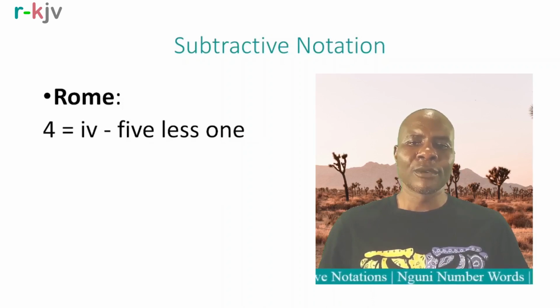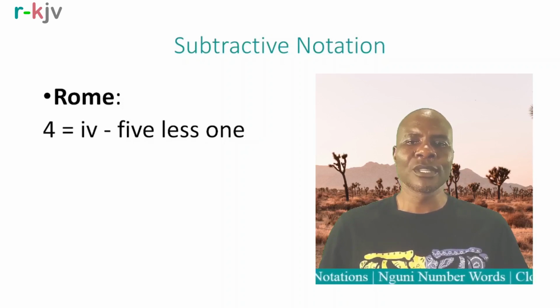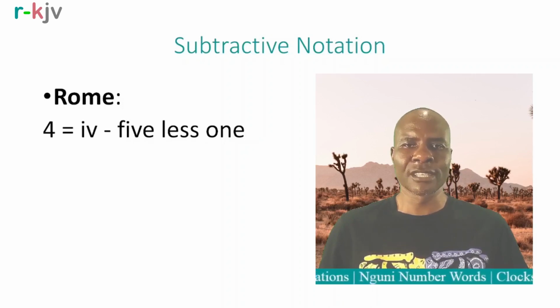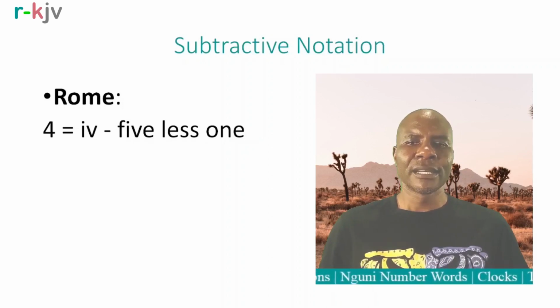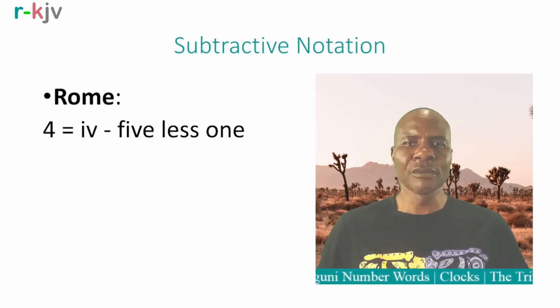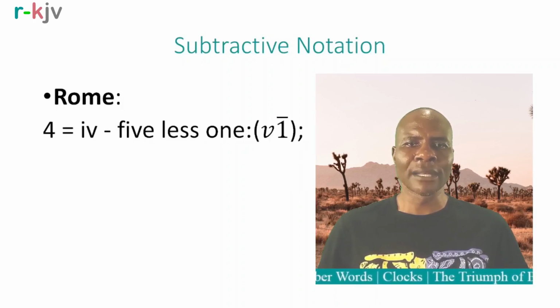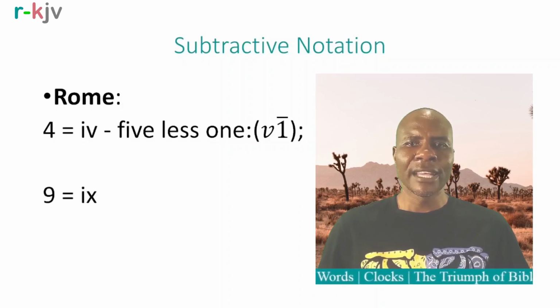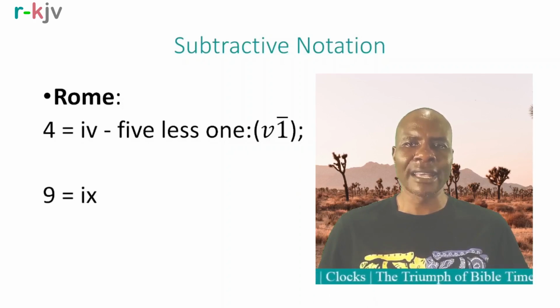However, the Roman numeral system does not respect positional notation. Representing 4 of the Roman numerals using mental arithmetic's Vinculum notation, it is V bar 1. 9 is represented in Roman numerals as IX.